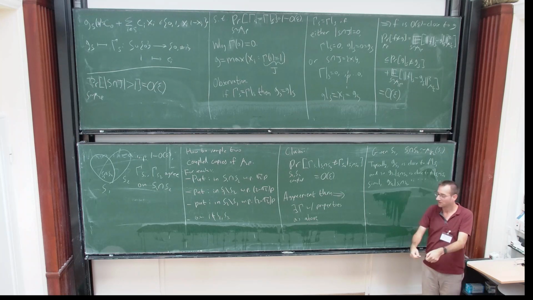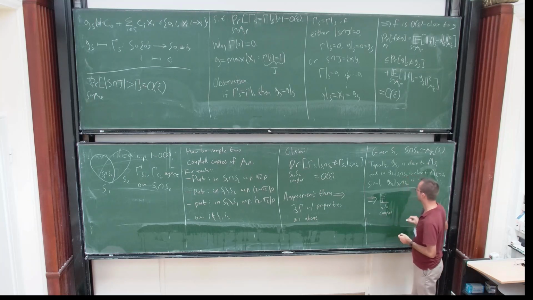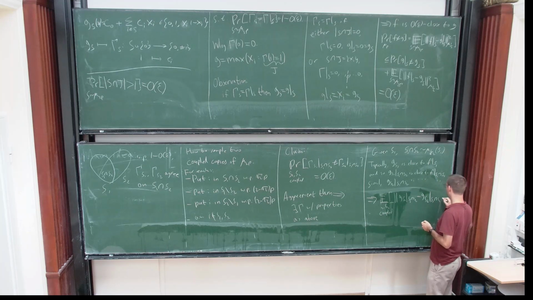Okay, so from this you can derive that the expectation over S1 and S2 coupled of the difference between GS1 restricted to S1 intersect S2 and GS2 restricted to S1 intersect S2, squared with respect to, I think, mu1 over square root 2, is order epsilon.